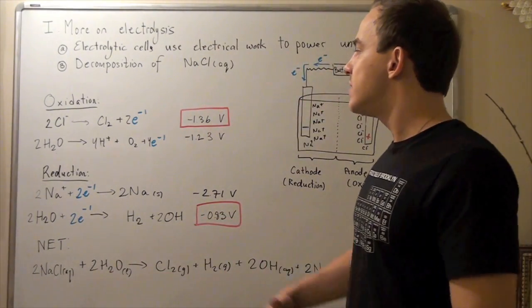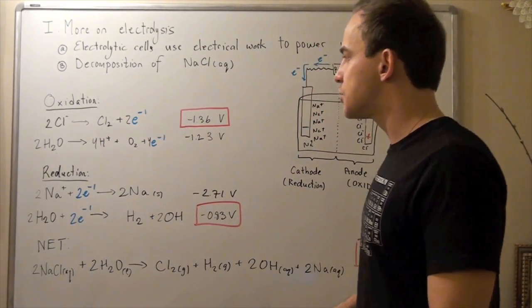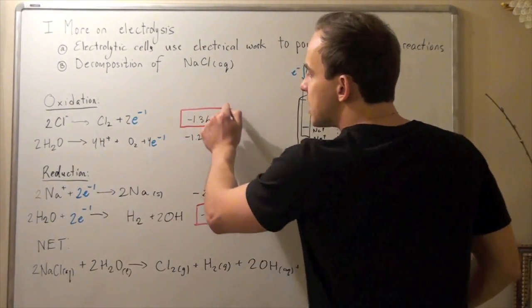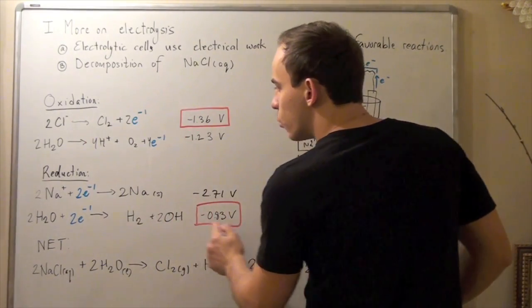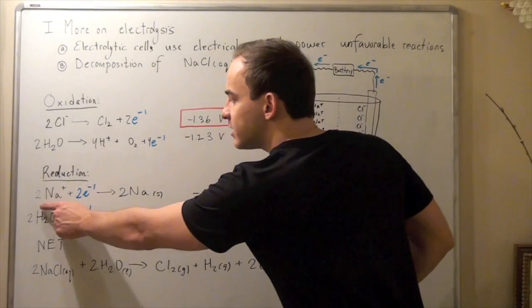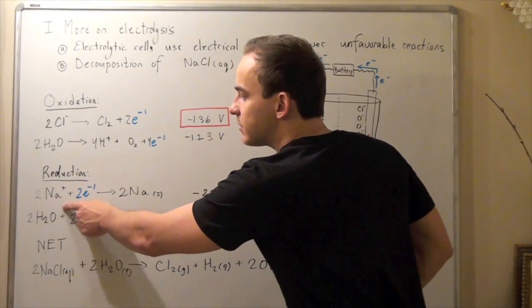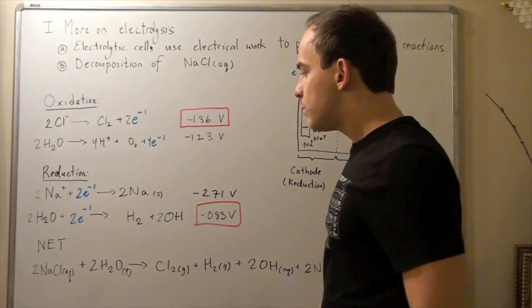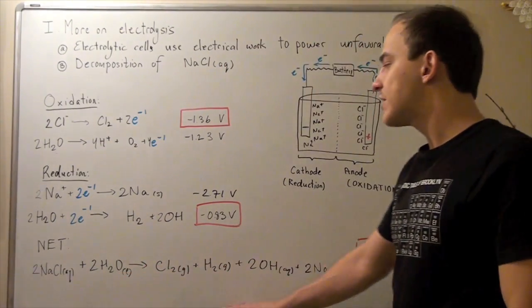So now we must add up all these reactions except this one, because this one won't occur, this one will occur, this one will occur, and this one won't occur, and that means we're still going to have these ions found in our solution. So we add this one up, and this one up, and we get the following net reaction.